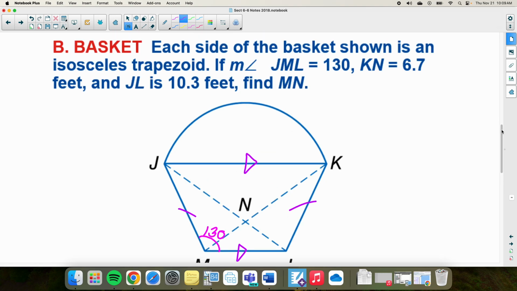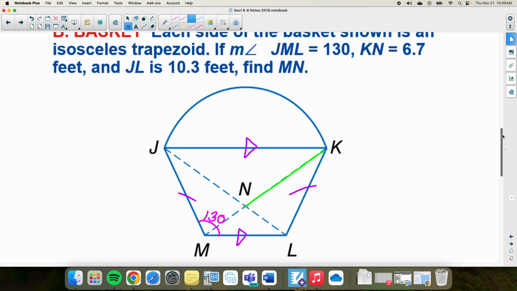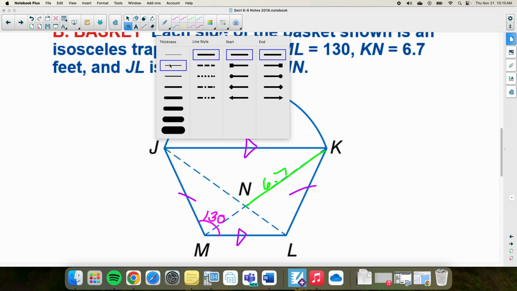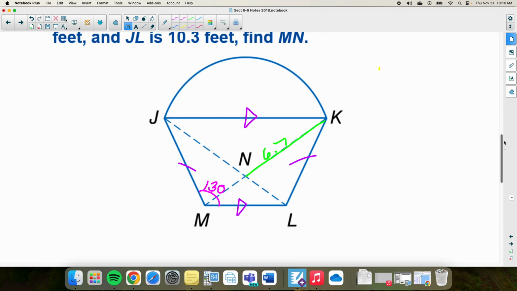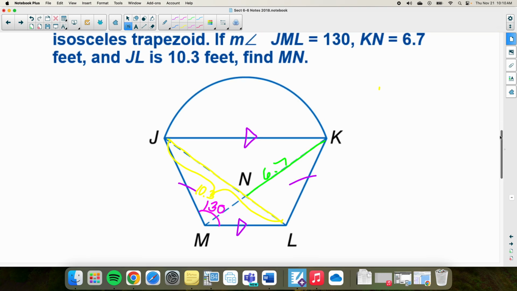And then they say that KN, which is this, is 6.7, and that JL, which is this whole thing right here, is 10.3.